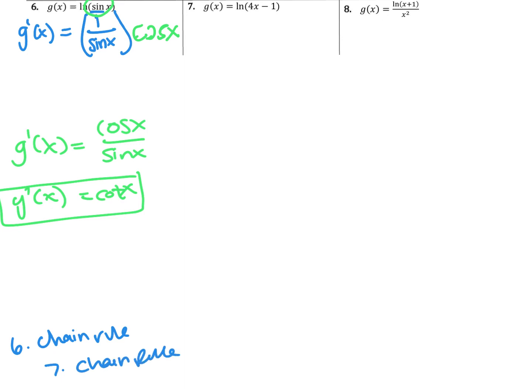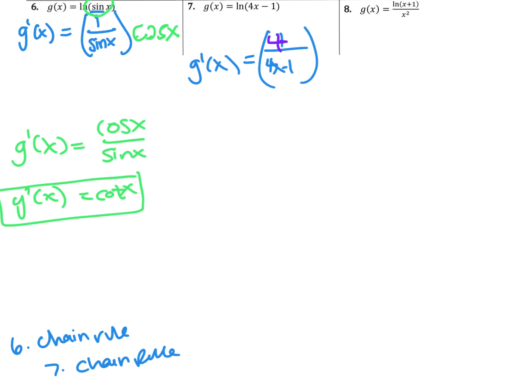The derivative of the outside function, natural log, is going to go to 1 over 4x minus 1. The derivative of the outside, keeping the inside the same. Multiply that by the derivative of the inside. Well, the derivative of the inside is just 4, so I'm just going to leave that as 4 over 4x minus 1.